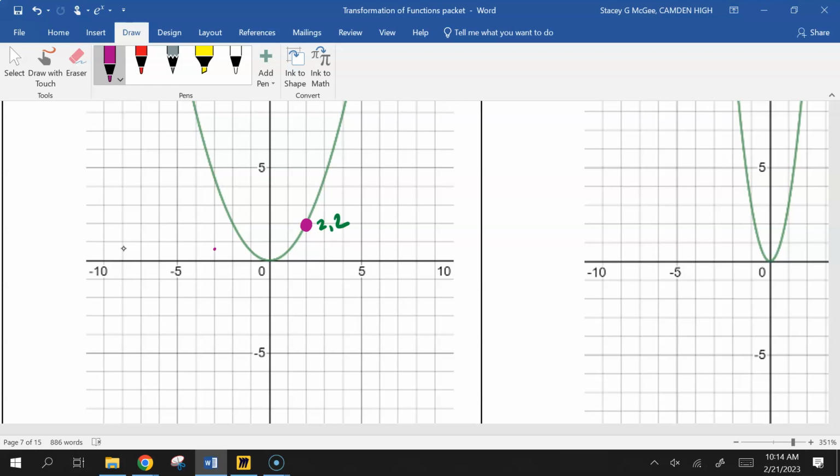Yes, I would say (1, 1) becomes (2, 2). And there's an easier way to do this that we'll talk about whenever we get to multiple transformations. But for right now, I would say this is a horizontal shrink.